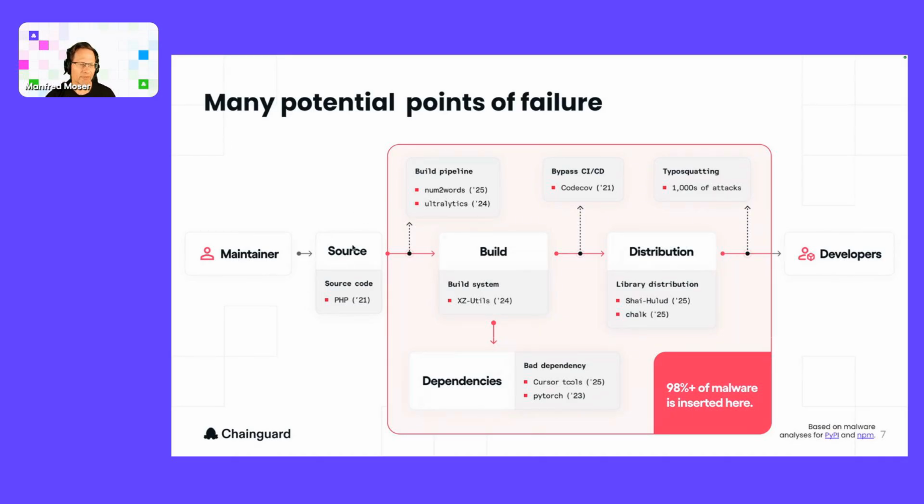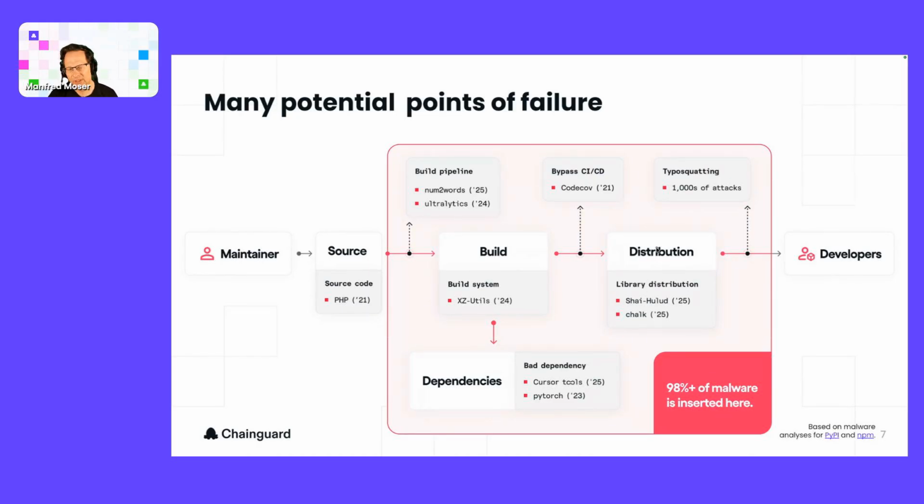And then, however, the source code creates releases, and then the releases are built as binaries in a build system on GitHub Actions or whatever, Jenkins, or there's lots of different ones in your various build tools systems. They are built, tested, they pull in dependencies, and then they get to a distribution.